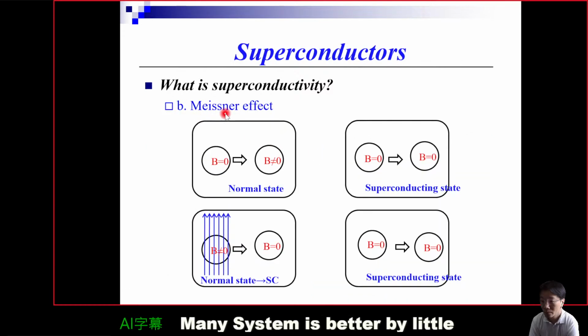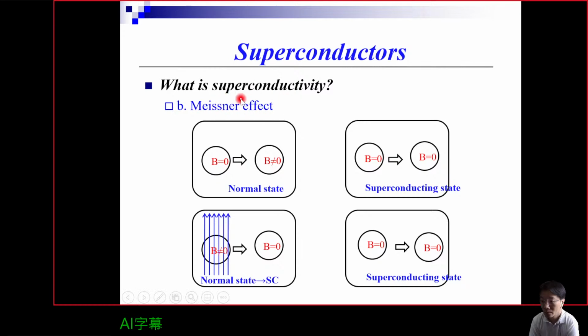And the other effect of the superconductor is called the Meissner effect. There are 4 figures. For the first figure, the superconductor is in the normal state, which means it doesn't carry any superconducting character. With zero field, when we apply the magnetic field, all the magnetic flux will penetrate the superconductor.